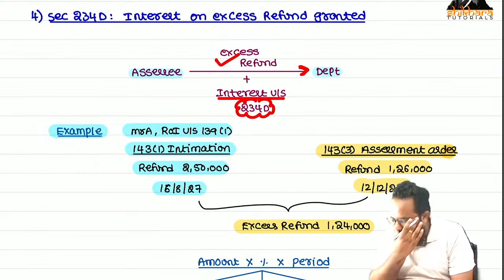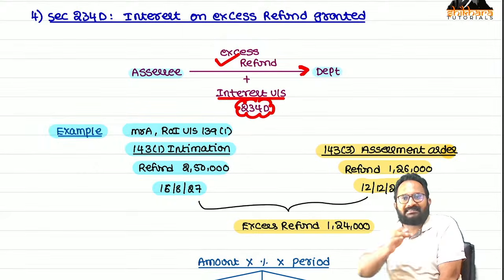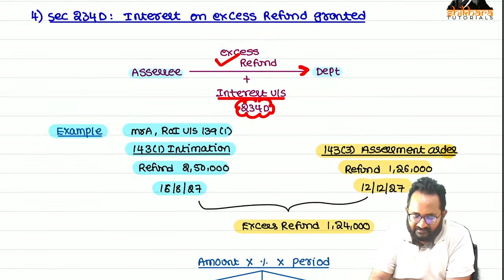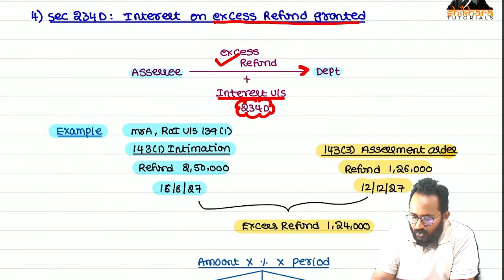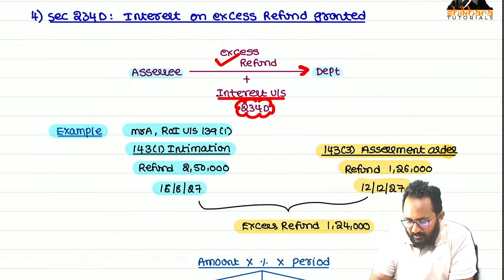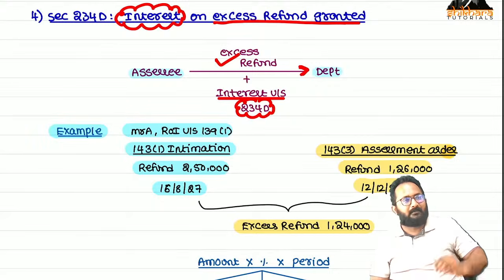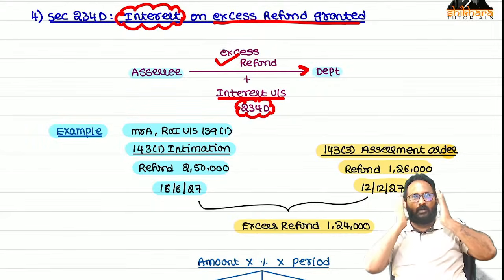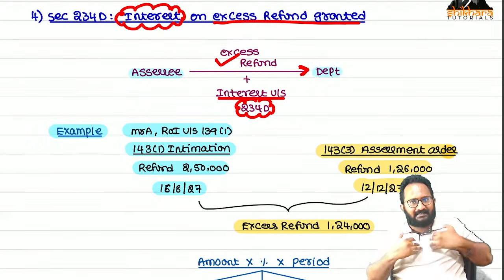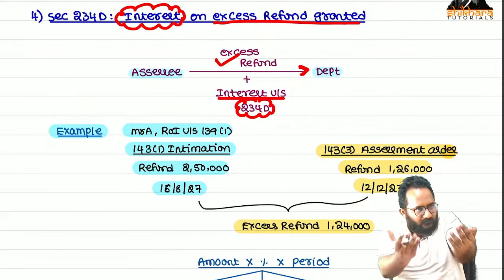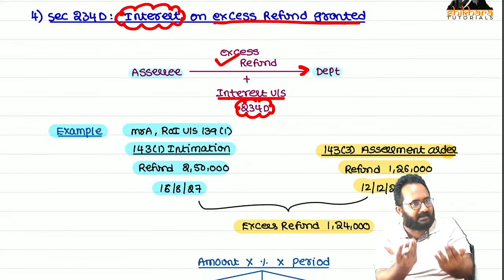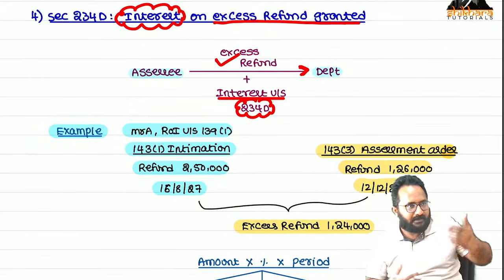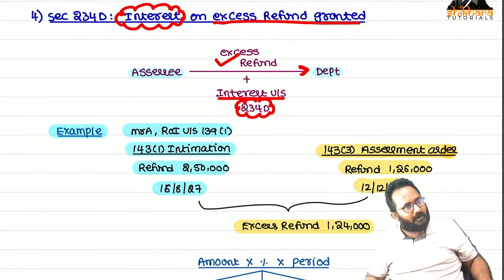What is 234D? If any excess refund is granted, SSC is required to pay the interest to the department. Understood? Whenever I say 234D, remember the excess refund taken earlier: now I have to give the excess refund to the department along with the interest. SSC is paying the interest to the department.